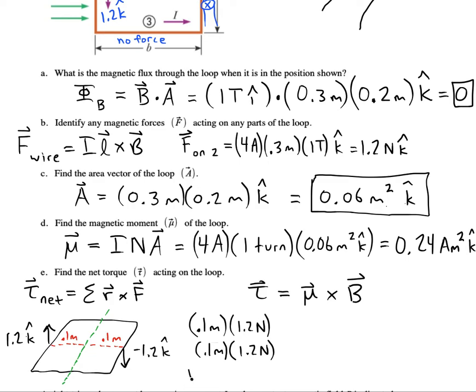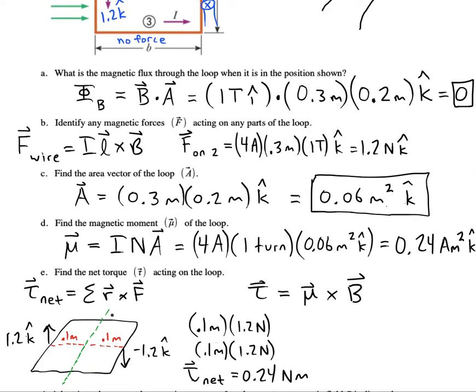So total torque, the units will be Newton meters. And then we should come up with a direction for the torque as well. And this comes from physics 1 as well.